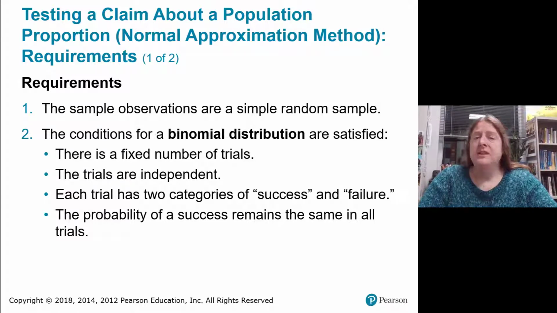So our sample observations need to be a simple random sample. And the conditions for a binomial distribution have to be satisfied. So those were that we had a fixed number of trials, that the trials were independent, and that each trial had categories of success and failure, and the probabilities of success and failure stayed the same in all of the trials.